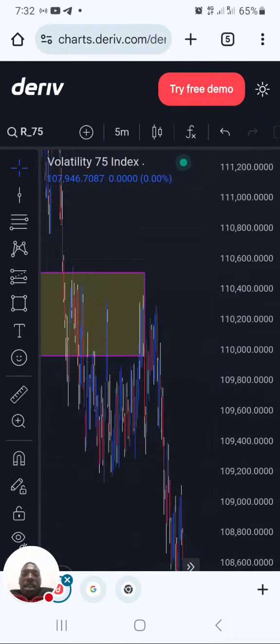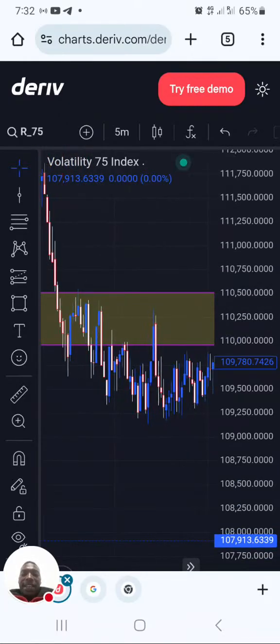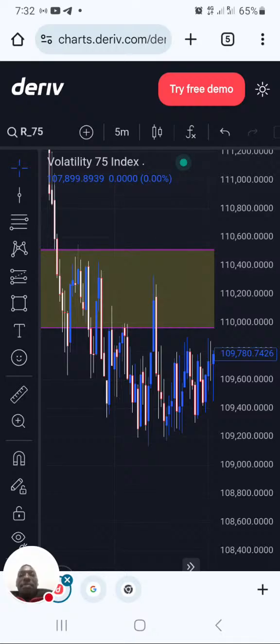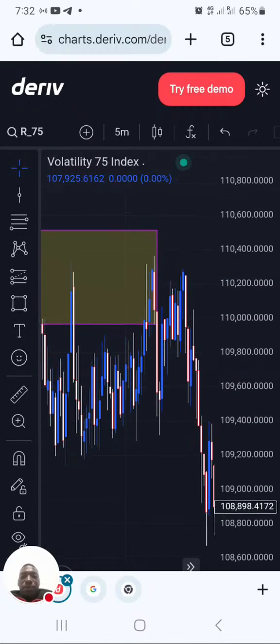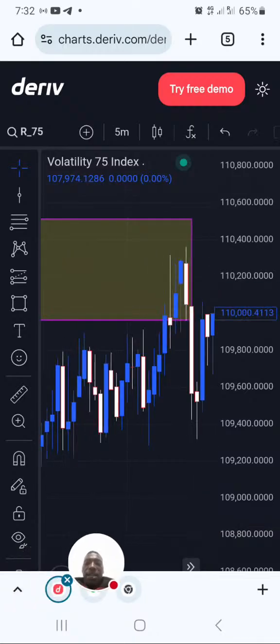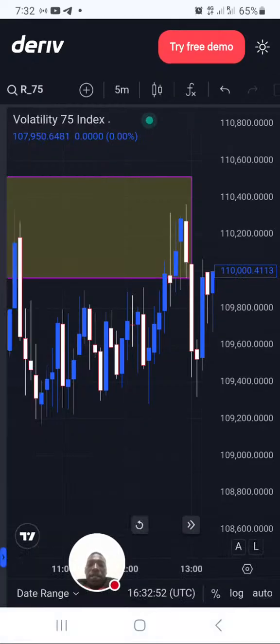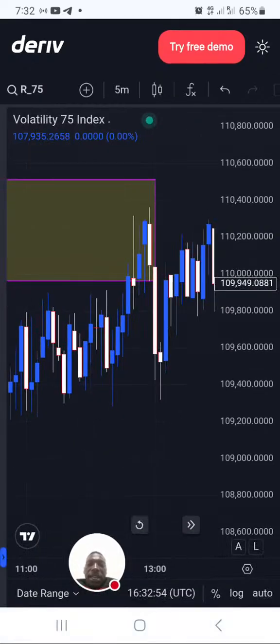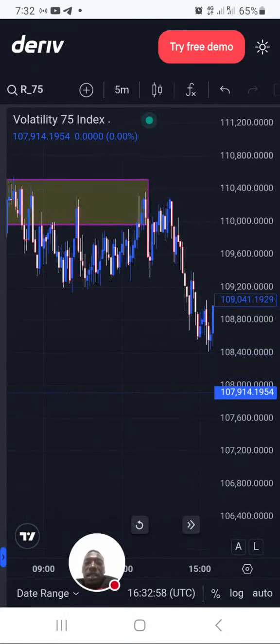So here we have to identify exactly when the market moves down like this. We wait, it pulls up, it starts making the higher highs and the higher lows. Are you getting the point? Like here, how you see how it moved.